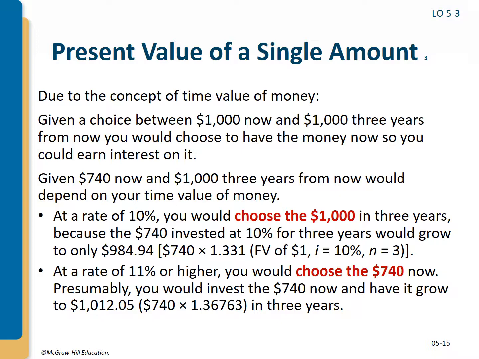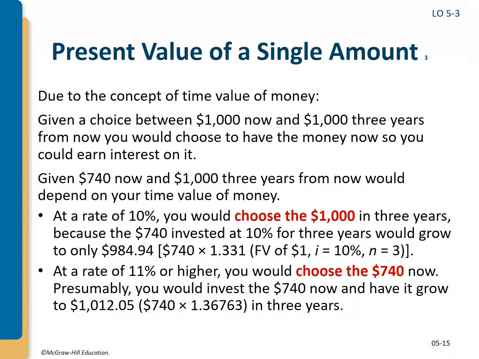So if you want a 10% return, you would choose the $1,000 in 3 years because the present value of $1,000 to be received in 3 years at a 10% interest rate.